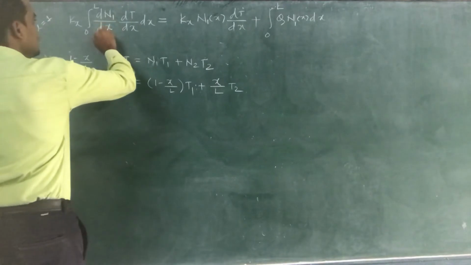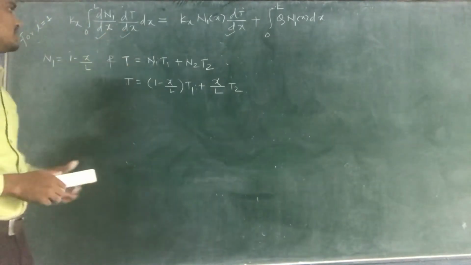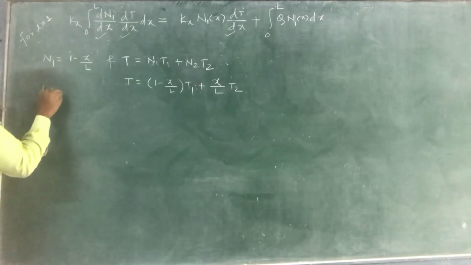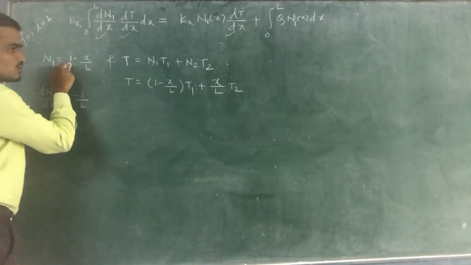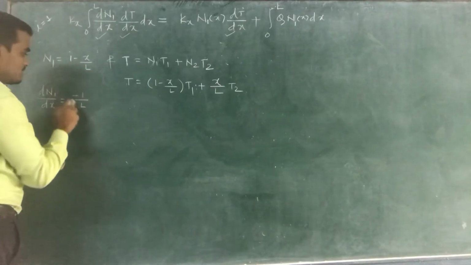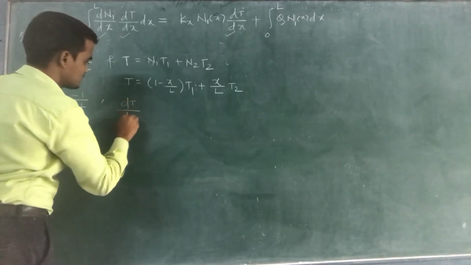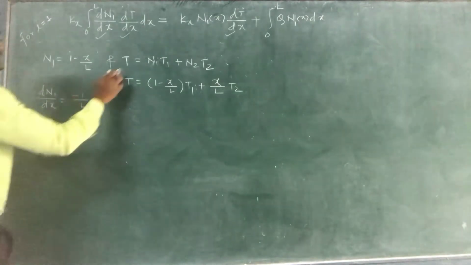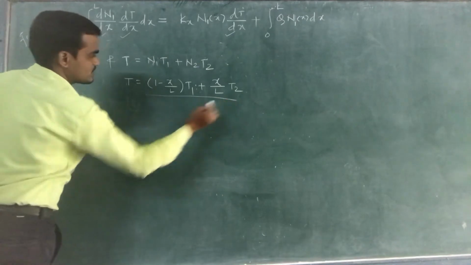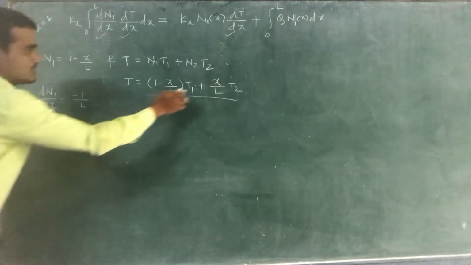Now we need dN1/dx and dT/dx. So let us calculate. dN1/dx will become minus 1 by L, because the derivative of the constant 1 is 0, and with respect to minus x by L it will be minus 1 by L. Similarly, we need dT/dx, so differentiate this equation with respect to x: 1 minus x by L into T1 gives minus 1 by L into T1, plus 1 by L into T2.